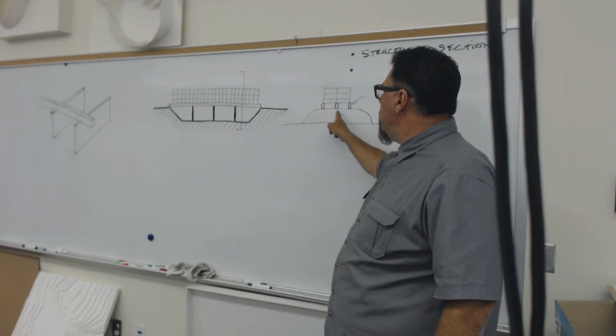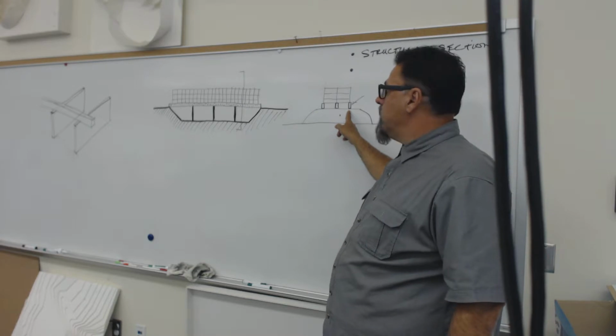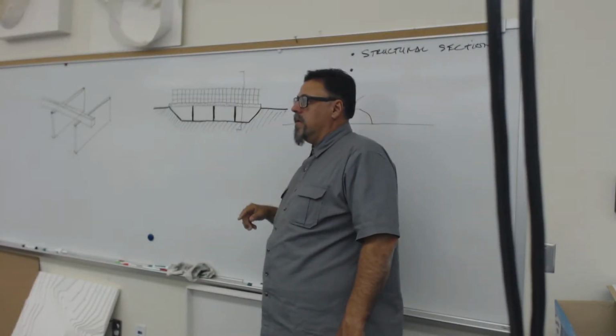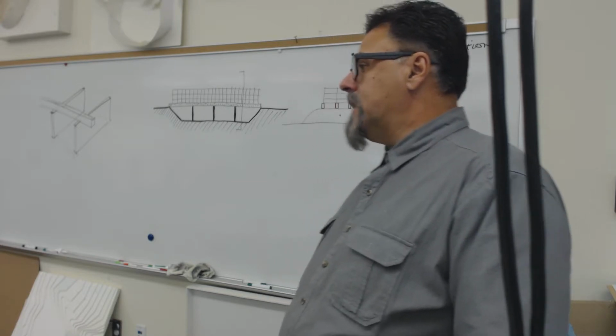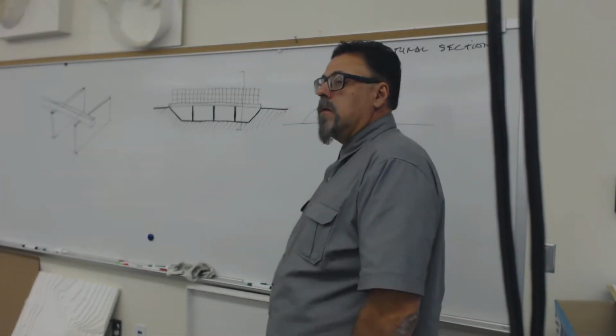How many of these beams you need correlates to what's happening above it. How many of you figured out how many of these beams you need? It is exactly related to your diagram, so the amount is exact, though it may not be exact all the way across.